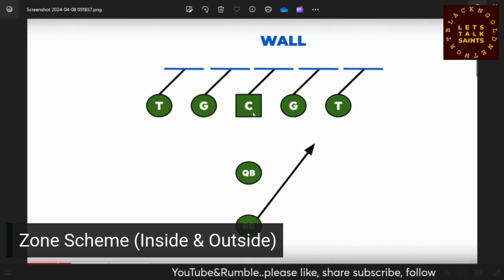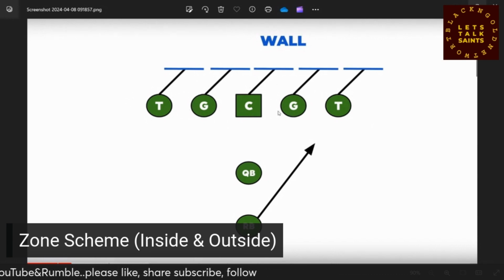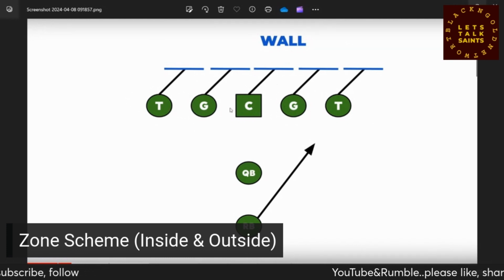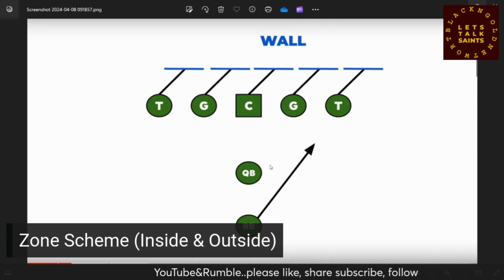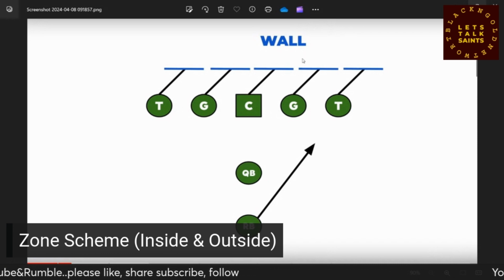Where the zone blocking scheme has these rules, which are clearly defined and used while the play is developing, not necessarily to clear space in a specific area where the ball carrier is going to get the ball and try to run through.